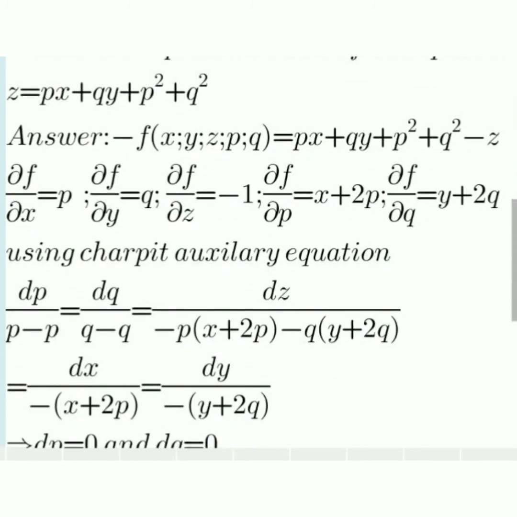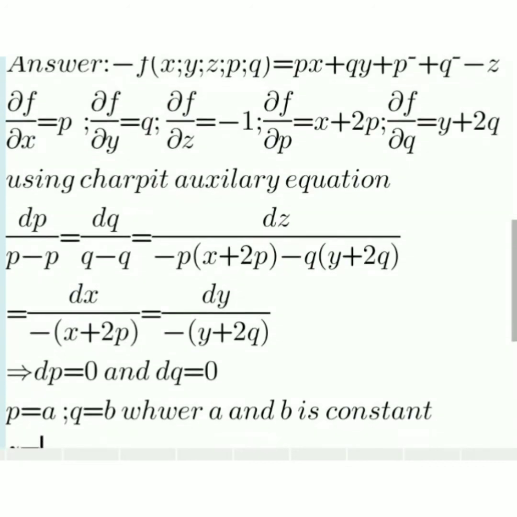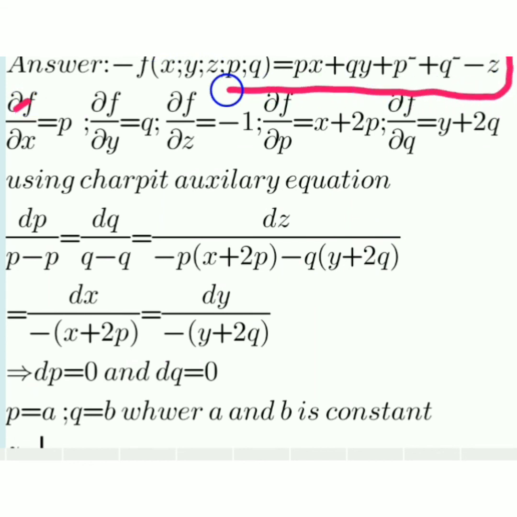Which is my function, friends? This is my function. I will put the values of p and q in this function.